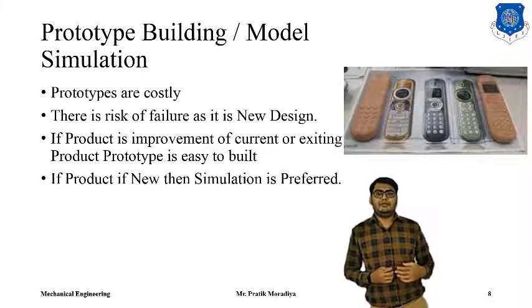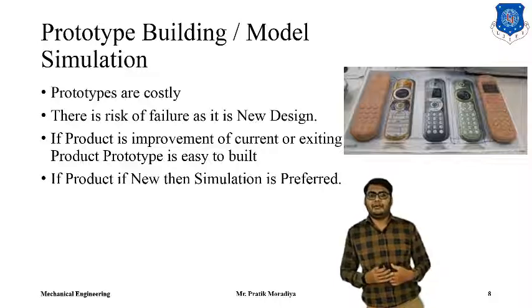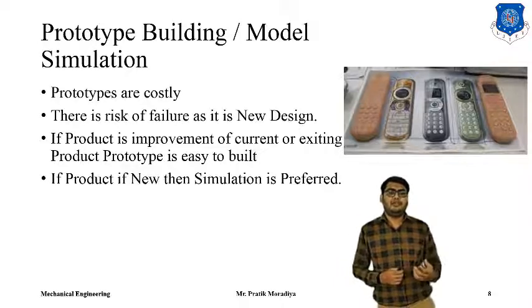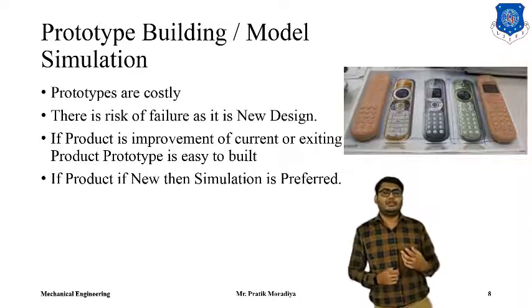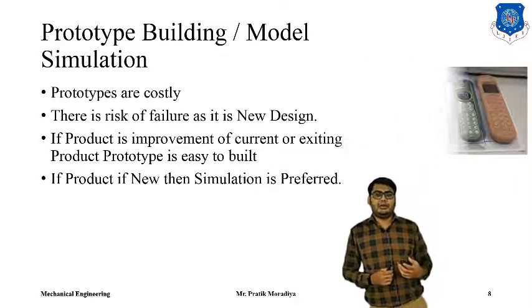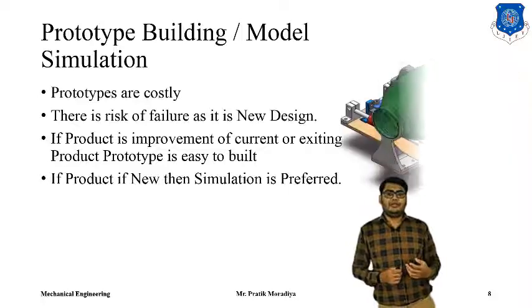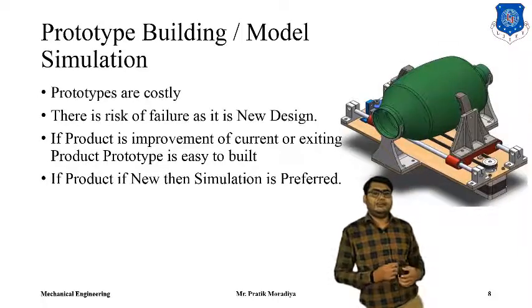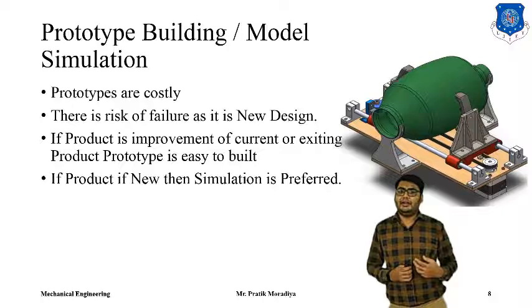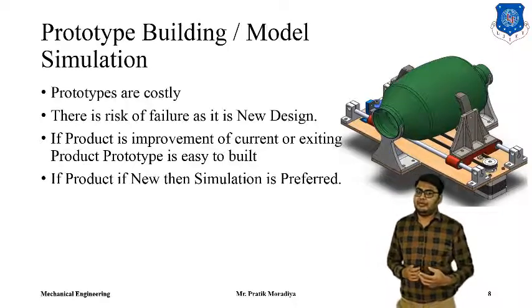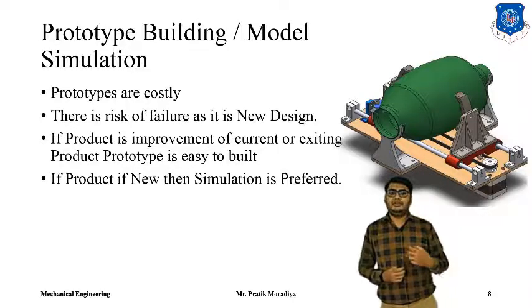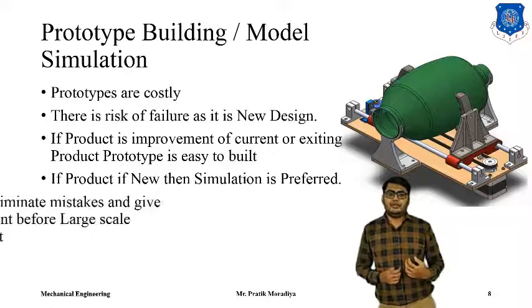if you are manufacturing a new product, then instead of building a prototype, we can go for computer simulation, because computer simulations are not as costly as a prototype. Computer simulation can be done very easily because you already have your design and then you have to simulate it to check whether your design works properly or not.